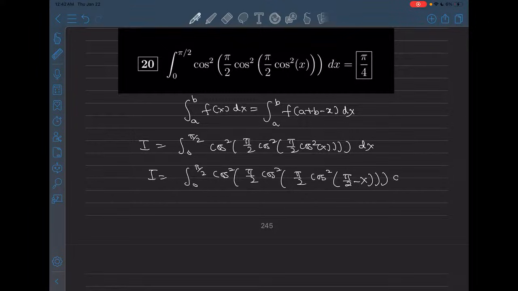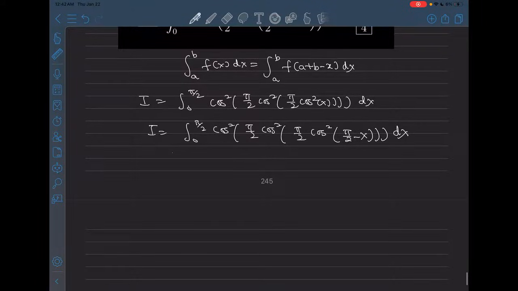I can do this from King's rule. And now notice that this thing becomes cos square pi over 2 cos square pi over 2, and now this will be sin square x.